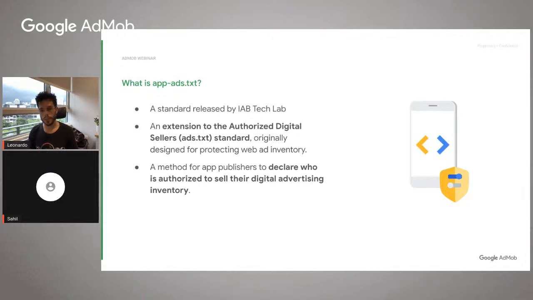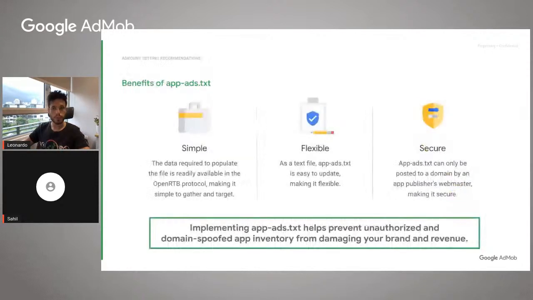Authorized Sellers for Apps is an IAB Tech Lab initiative that helps ensure your ad inventory is only sold through channels you have identified as authorized. Creating an app-ads.txt file gives you more control over who is allowed to sell ads on your app and helps prevent counterfeit inventory from being presented to advertisers.